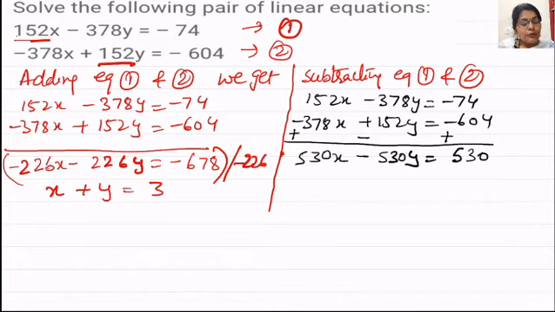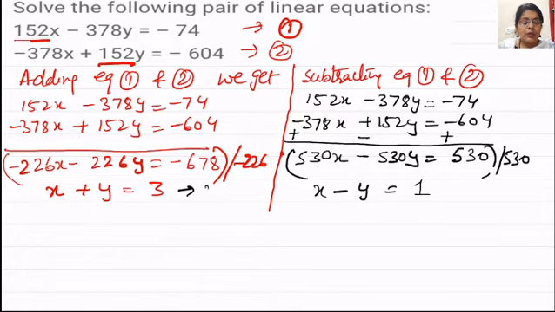Now dividing the whole equation by 530, what do we get? X minus y equal to 1. Let us suppose this equation be 3 or this equation be 4.